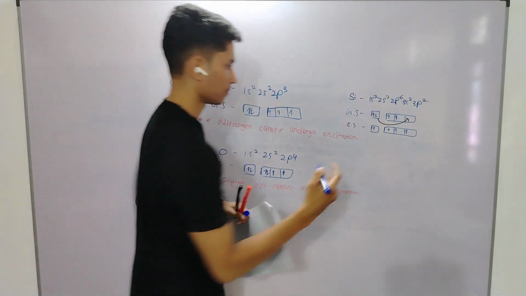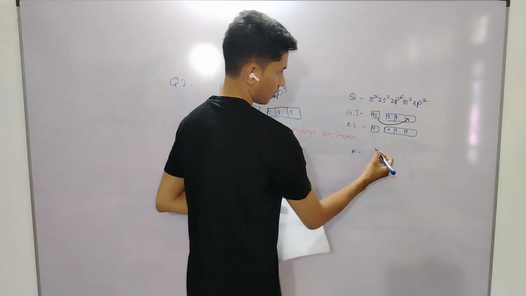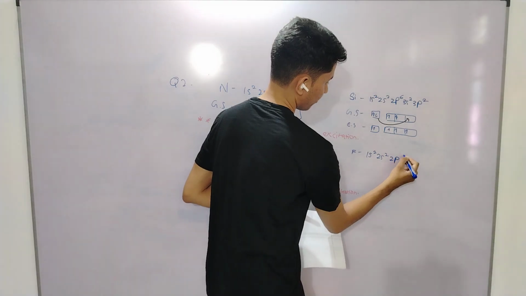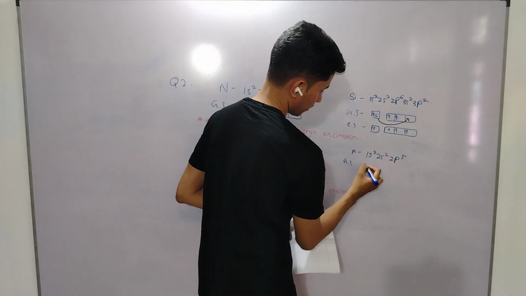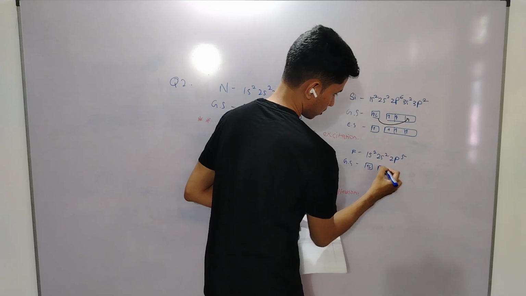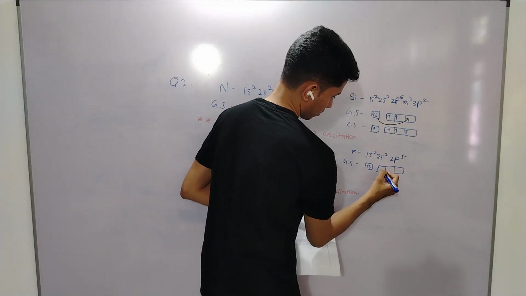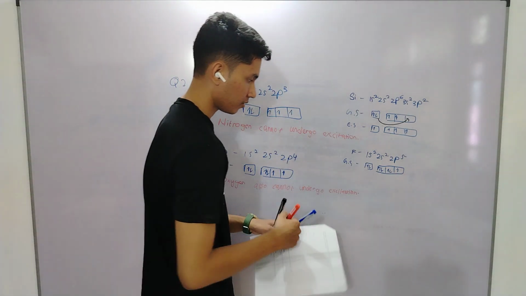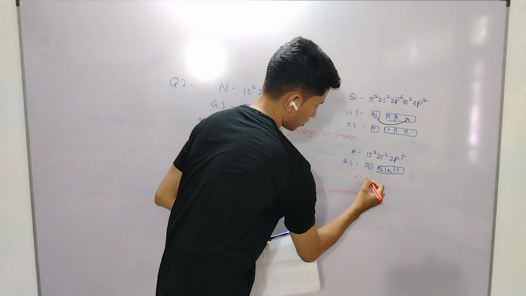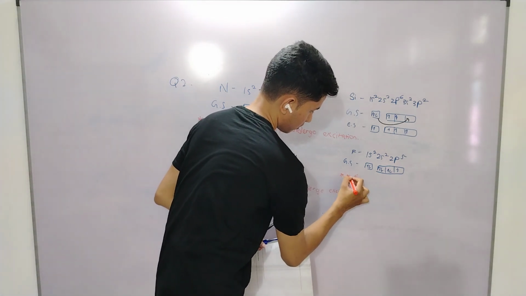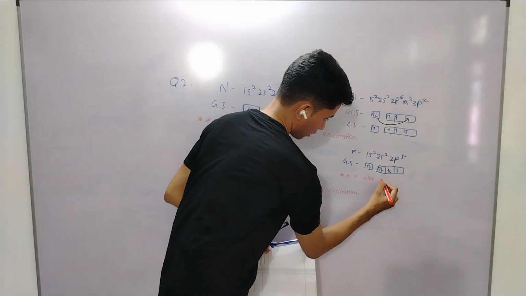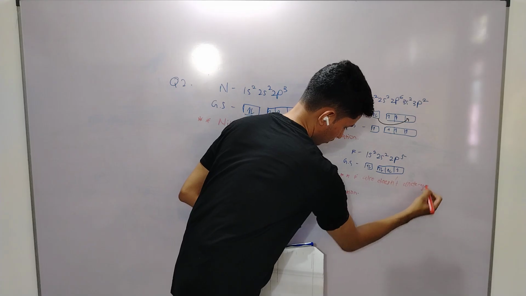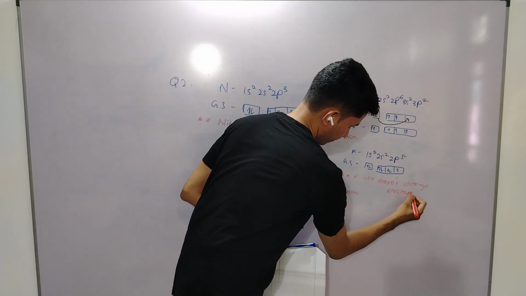Then we have fluorine. 1s2, 2s2, 2p5. Ground state 2s2, 1, 2, 3, 4, 5. Again, it cannot excite, therefore fluorine also doesn't undergo excitation.